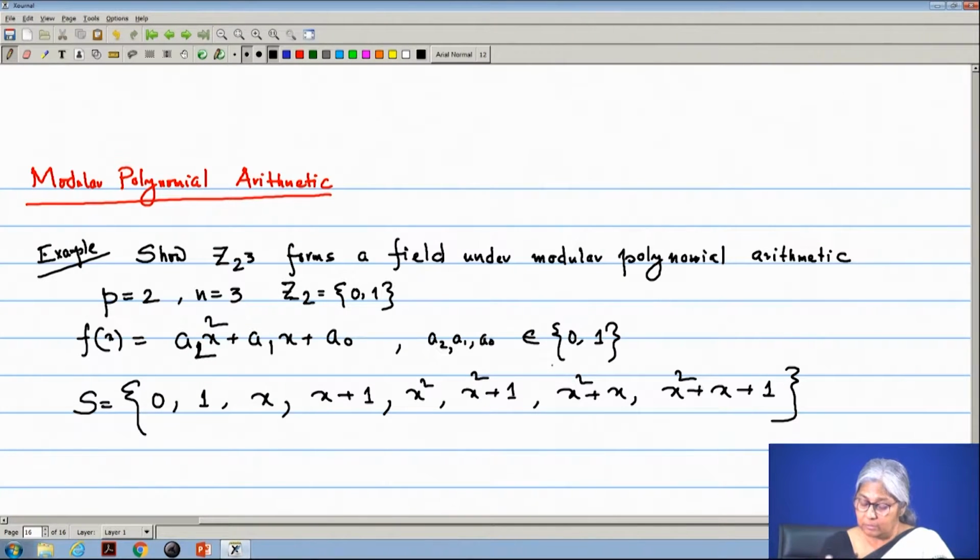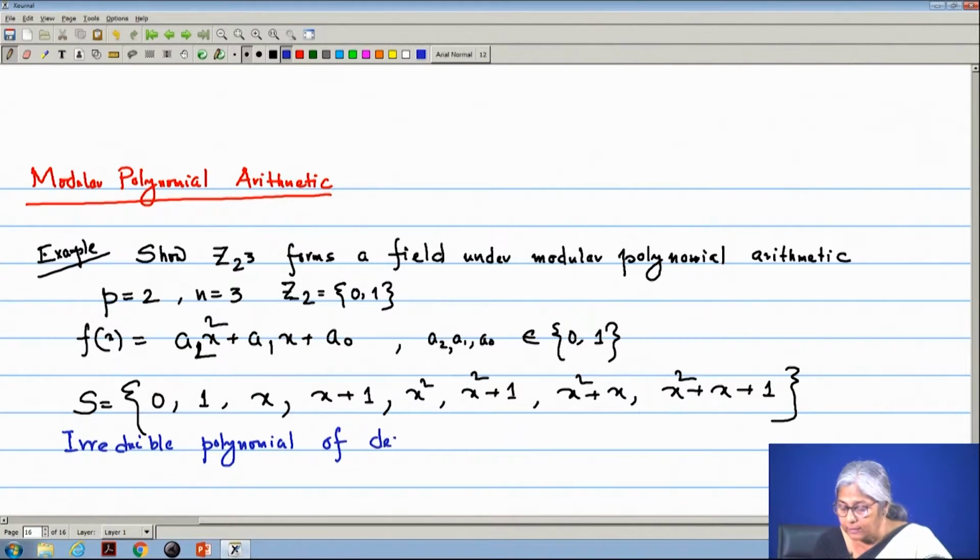We have to show that under modular polynomial arithmetic this forms a field. So, I need an irreducible polynomial. What is my irreducible polynomial m(x)? Last class we defined the irreducible polynomial, of degree 3 here, because my degree n equals 3 for this example.